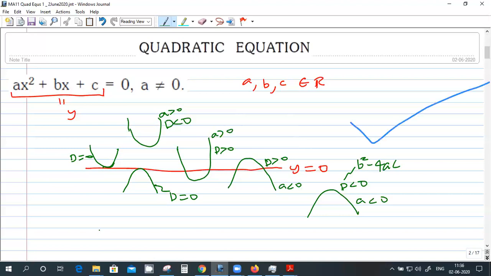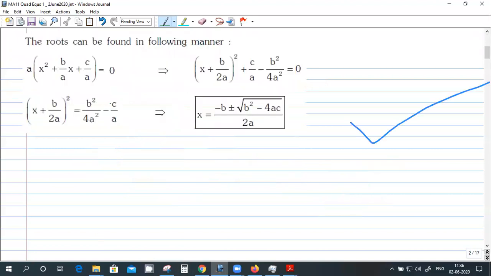We have this formula for the roots, right? Minus b plus or minus square root of the discriminant, divided by 2a. How do you get this formula? You should know how to get it.